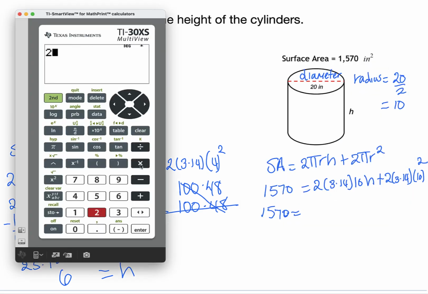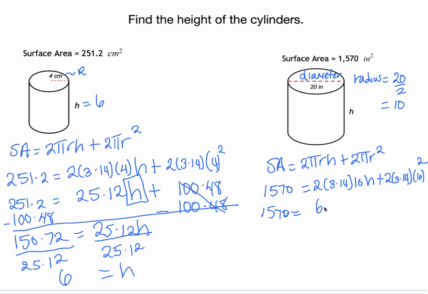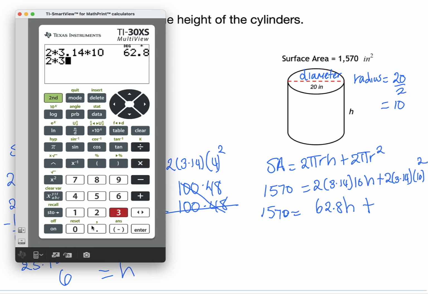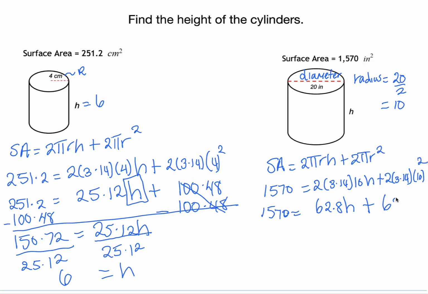So I have 2 times 3.14 times 10, which gives me 62.8. 62.8, and we still have the h, plus 2 times 3.14 times 10 squared. That gives me 628. Now we're solving for h, so I'm going to subtract 628 from both sides.